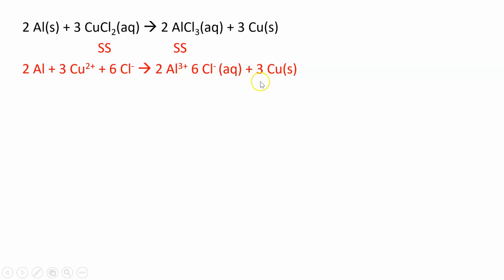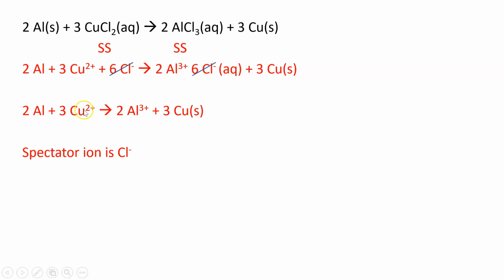I cannot cancel that out. But then I see 6 Cl-, and I also see 6 Cl- over here. So we can cancel those out. And when we rewrite the equation, the net ionic equation, we write everything except chloride in the equation. That is our net ionic equation. We've eliminated the spectator ion, which was chloride.